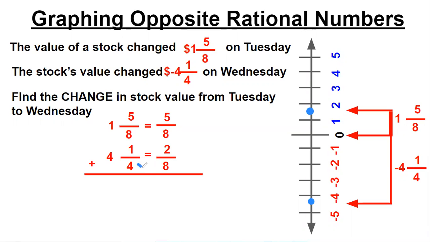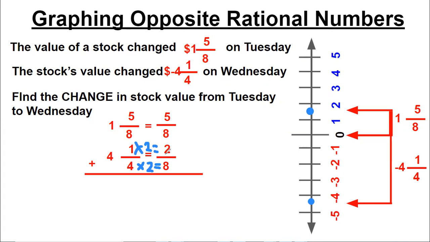So 4 times what gave me an 8? 4 times 2, right? Gave me an 8. That's how I got my 8. So if I times by 2 on the bottom number, I have to times by the same number on the top. So I have to times by 2 on the top. So 1 times 2, that's where I got my 2.